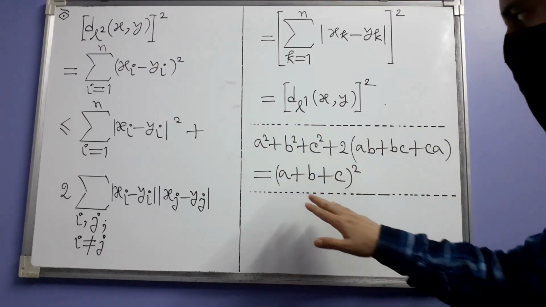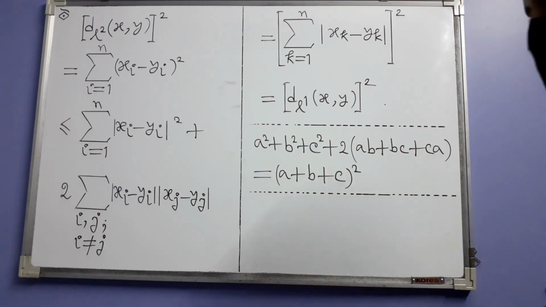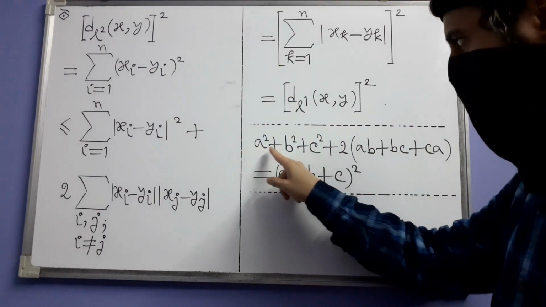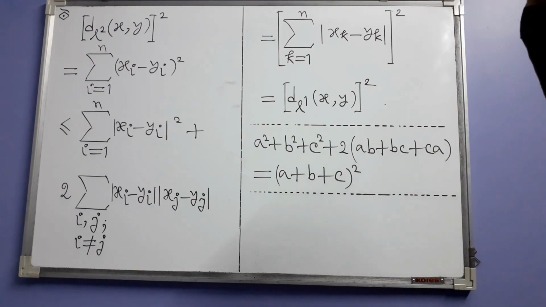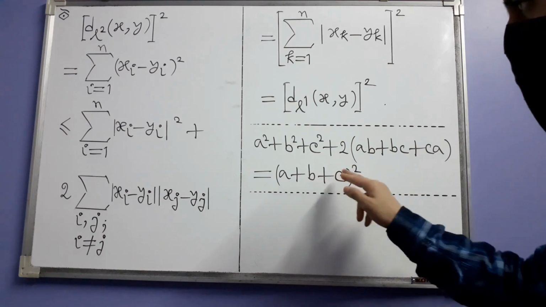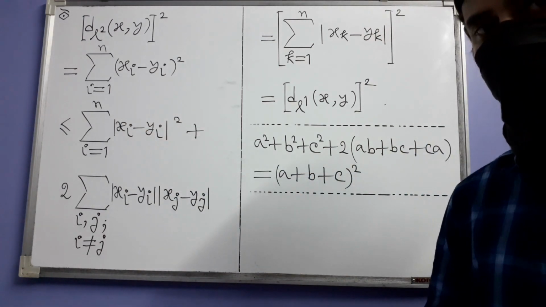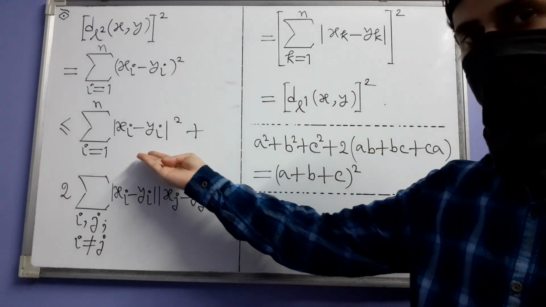So what goes on when you expand such a square is that you write the sum of the squares of the individual terms, which is what you have here. And in place of a, b and c, this time we have absolute value of xi minus yi. Here we have 3 terms, here we have n terms.